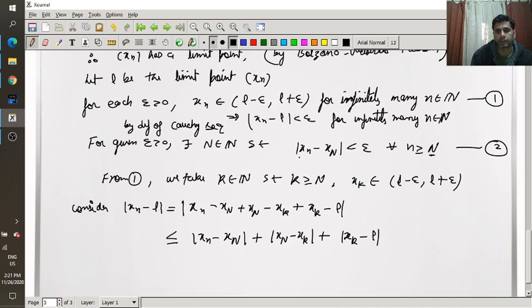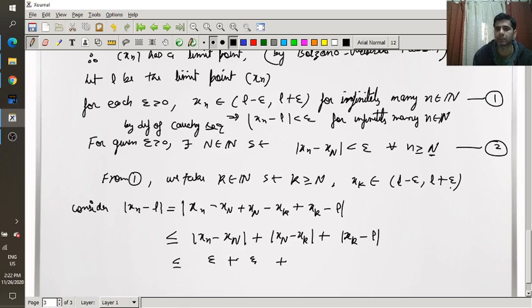So now this implies this is epsilon. So |xn minus xk|, by using 2, is less than epsilon, where k is also greater than or equal to N, so this again comes from the statement 2 and it will give us epsilon. And |xk minus L| also holds for this, right?